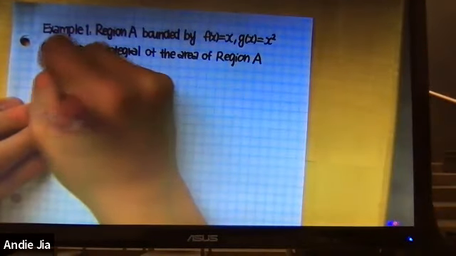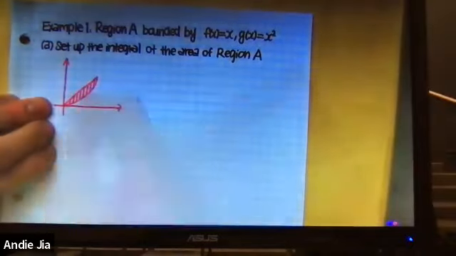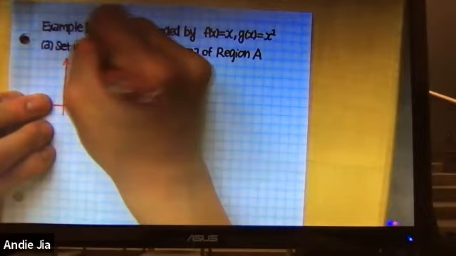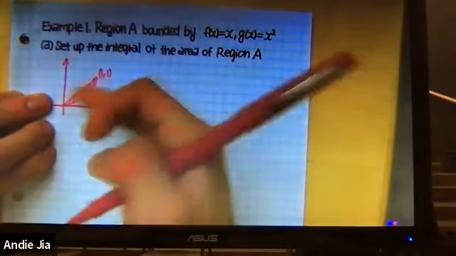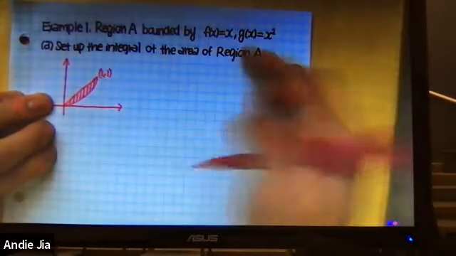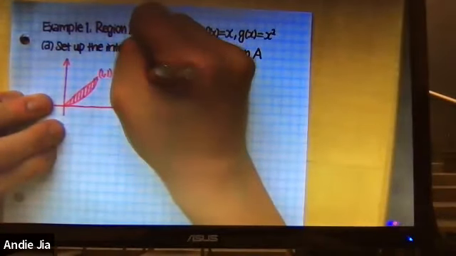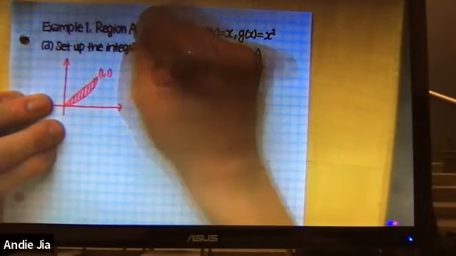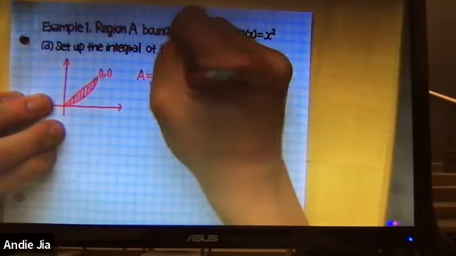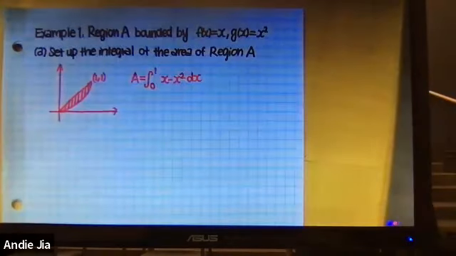I'm just going to assume it is this region. Their intersection is at 1, 1 and 0, 0. Over 0 to 1, f of x is above g of x. So the area is going to be the integral from 0 to 1 of x minus x squared dx. And this is the area.